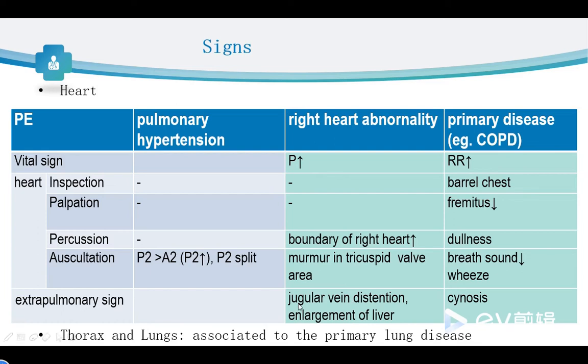And the second question is that, what's the mechanism of the distension of the jugular vein and enlargement of the liver for the patients with right heart abnormality? I hope you can give me the answers during that session.